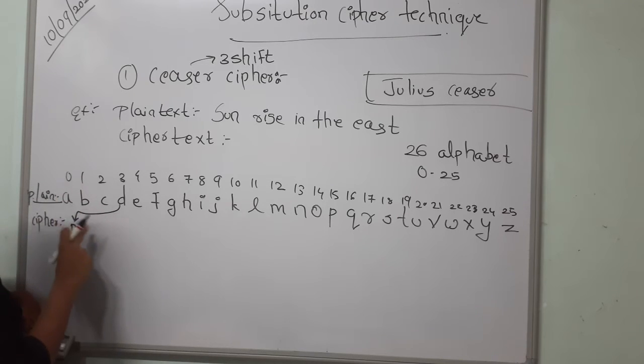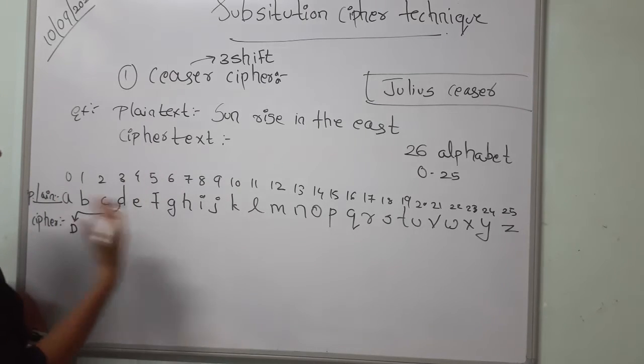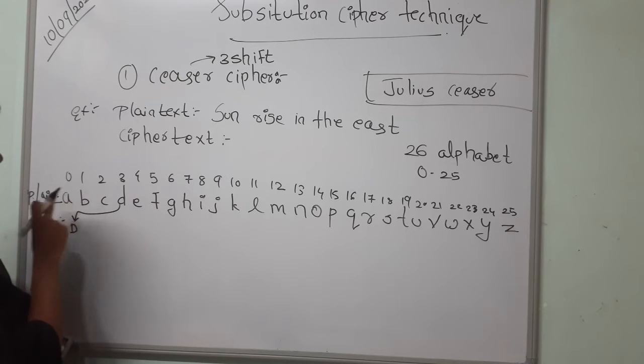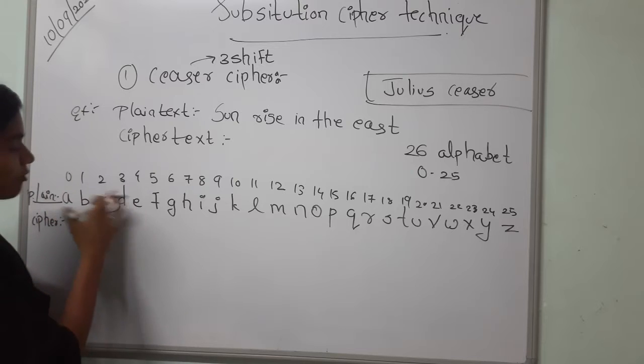So, the first 3-shift: we remove the first three letters and take the alphabet from after the 3-shift.